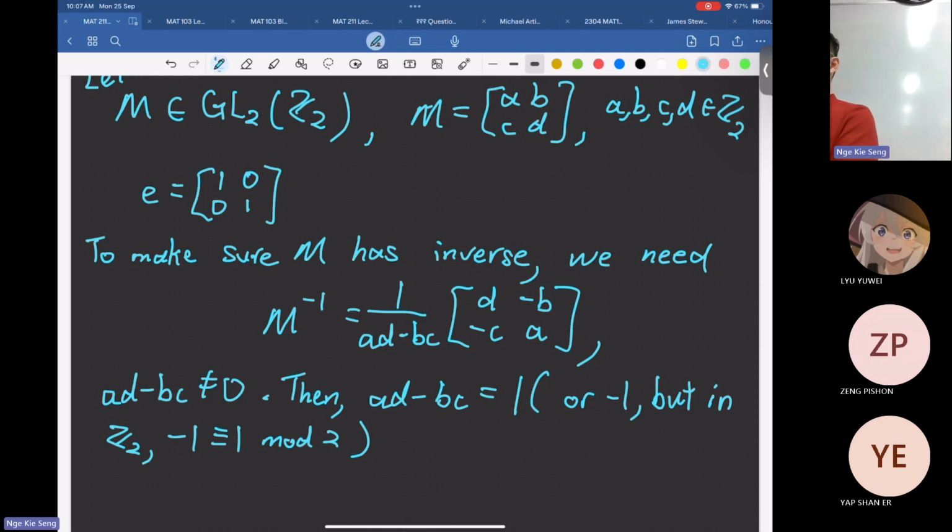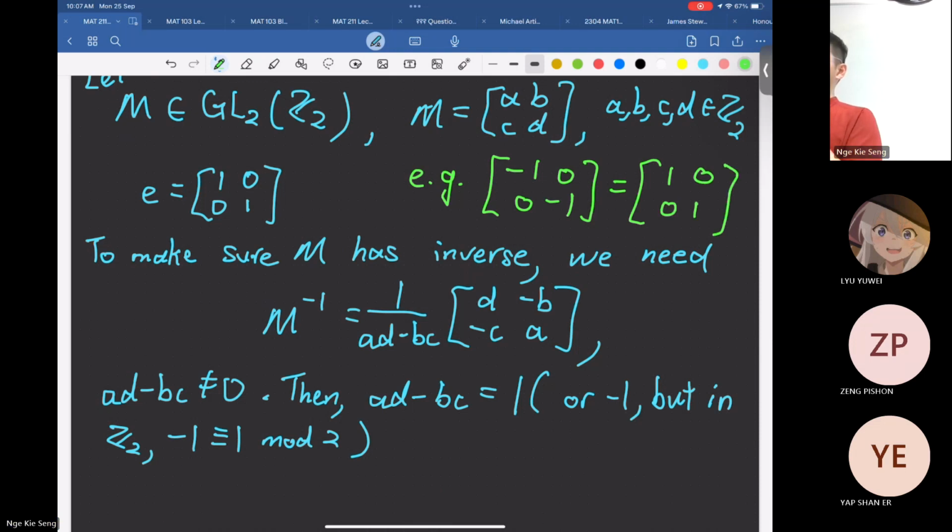Does it make sense? For example, if you cannot imagine what I say, if I put minus 1, 0, 0, minus 1 here, this is the same as 1, 0, 0, 1. So minus 1 and 1 in Z2 are the same. Agree? Okay. So now we only care about how to get AD minus BC equal to 1, choosing from 0 and 1. What kind of possibilities can you get?